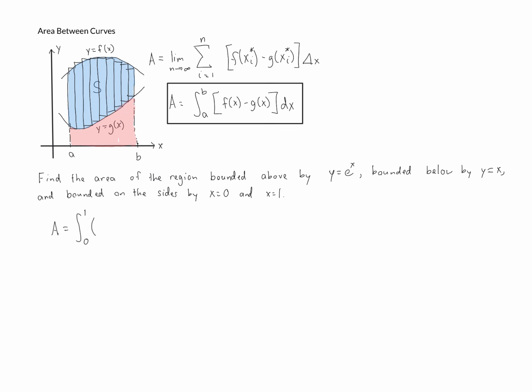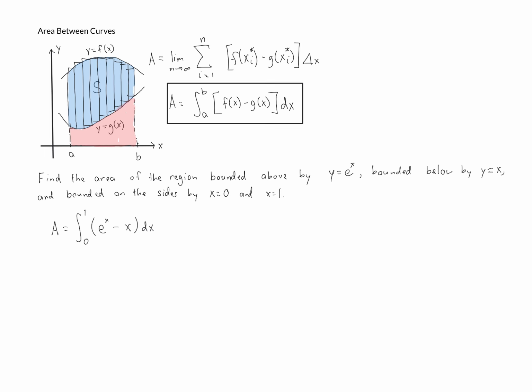And we know that in our integrand, we have to take the difference of the functions. So we have to take the larger function, and we're told that it's bounded above by y equals e to the x. So that larger function is e to the x, and then minus the smaller function. It's bounded below by y equals x. So that'll be e to the x minus x dx.